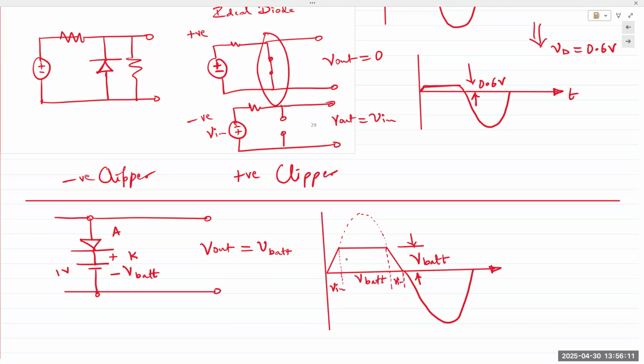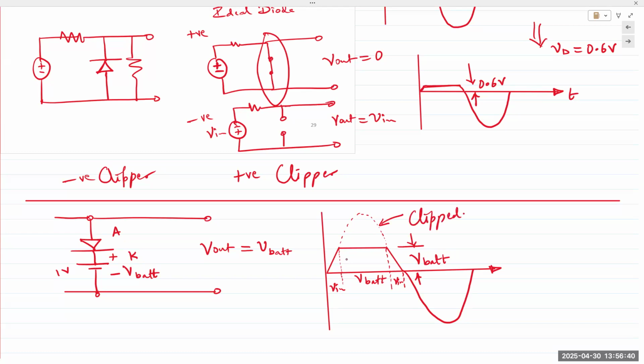Once V in crosses the level of the battery or the DC source, that input goes directly to the battery and back. So it completes this circuit pathway, and the output only sees the battery, doesn't see anything else. So that middle portion comes from the battery. This portion is said to be flipped.